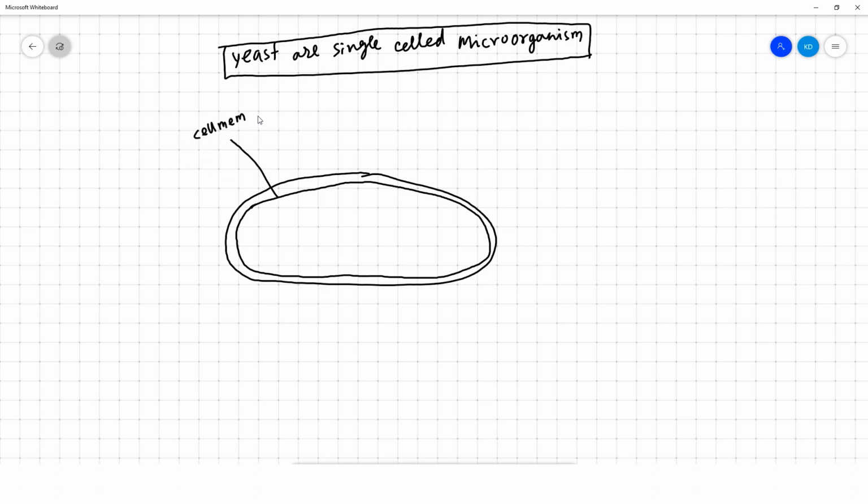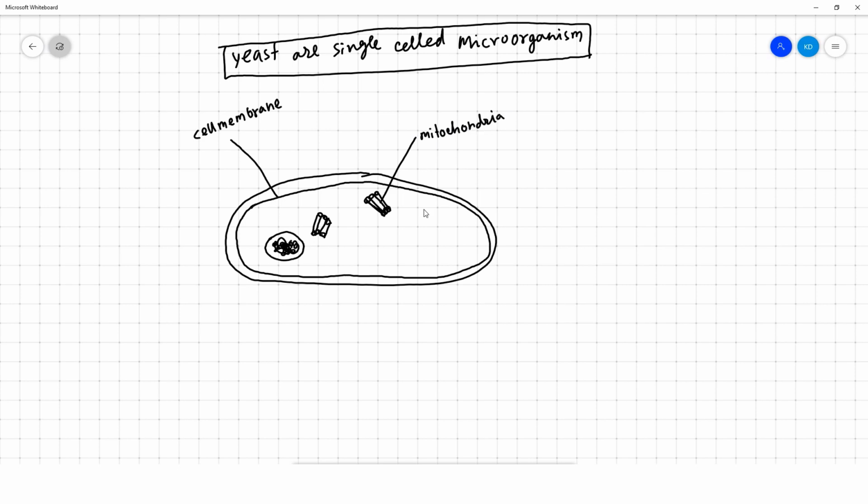Just let me draw this cell membrane. This is the cell membrane. Let me draw first, that will be easier for me.